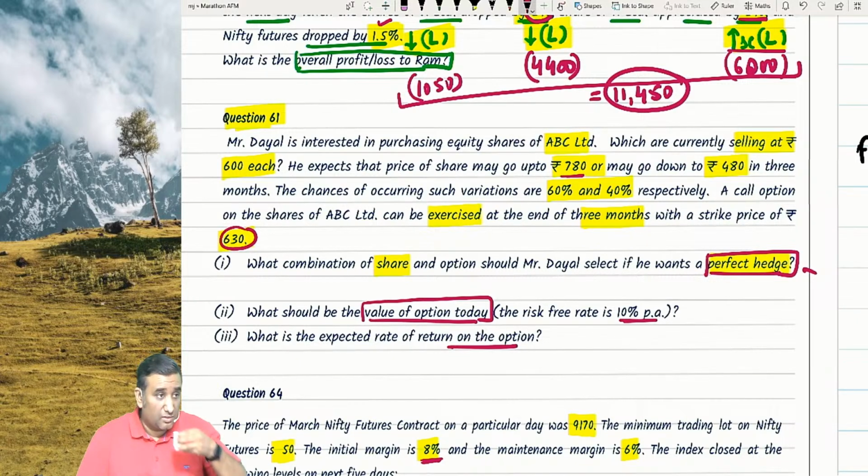C is how much? 150. In the second case it will be 150 minus 0, that's CU minus CD, divided by the difference of 780 and 480. How much do you get? 0.5. What is the meaning of 0.5, sir?